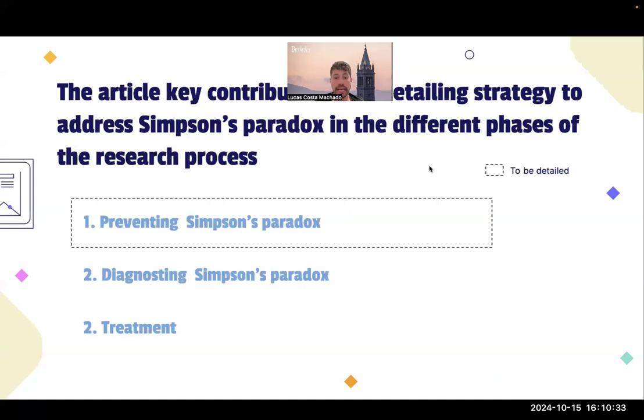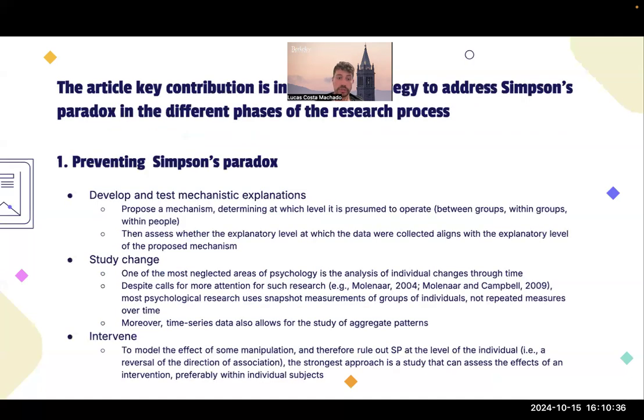Going one by one, in the part of preventing Simpson's paradox, the article says: before collecting the data, what can we do to prevent this type of problem? It brings three main points. First, we should develop and test mechanism explanations. We should think about which hypotheses we have that the data at a certain level may be different from the aggregated level, and make sure that we collect the data at that level.